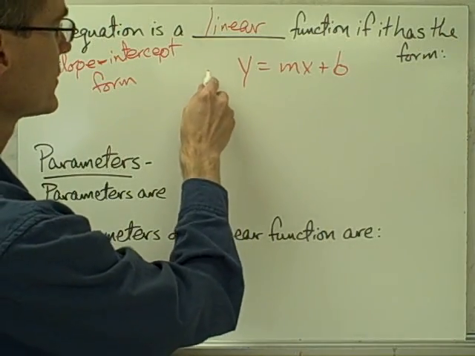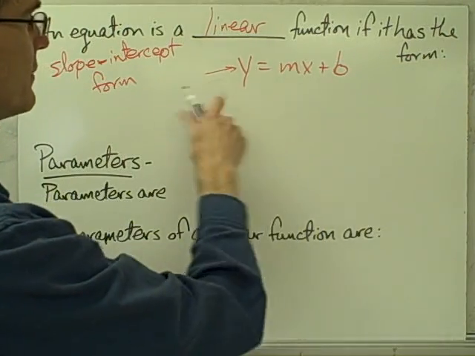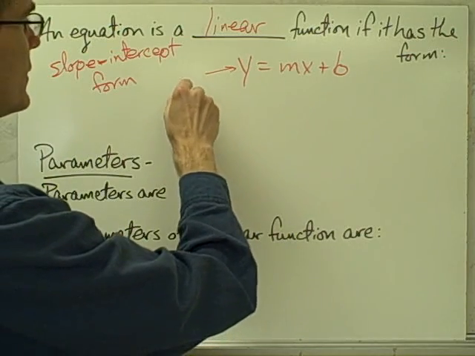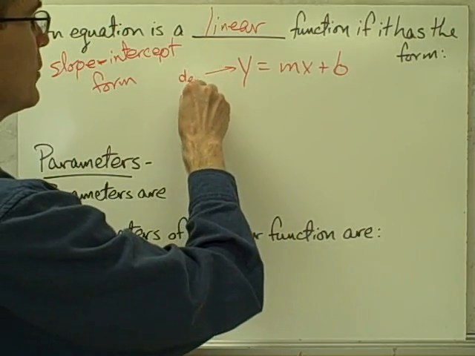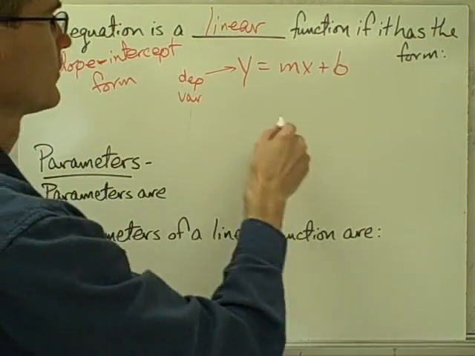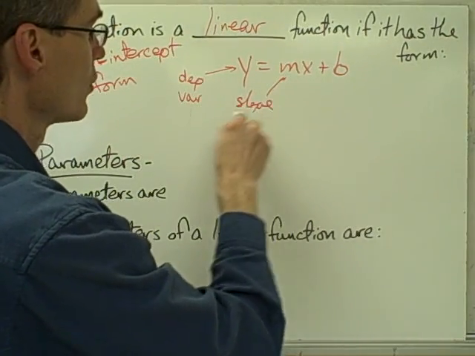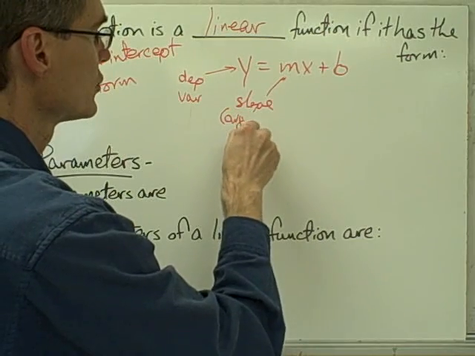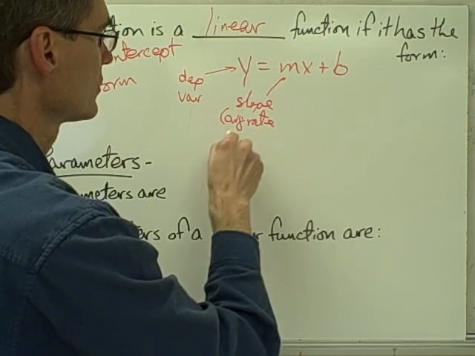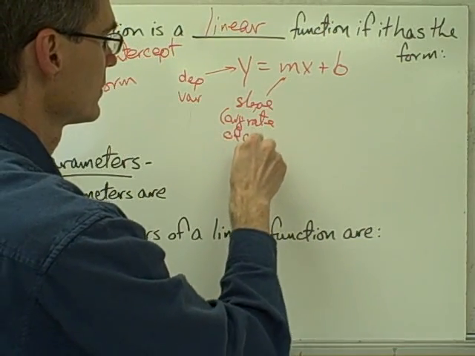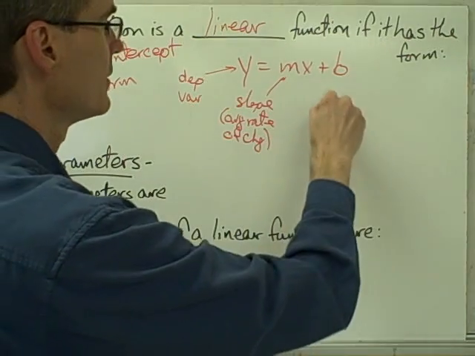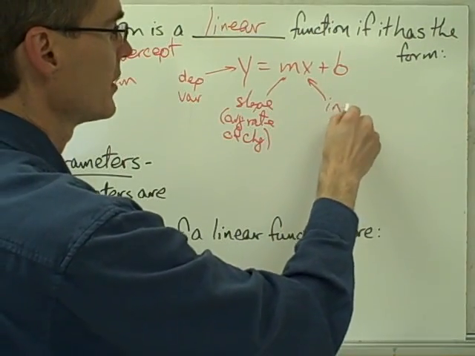And so here, let's just go ahead and identify each one of the pieces of this equation. This is my dependent variable. This is the slope, or we could say average rate of change. This is my independent variable.